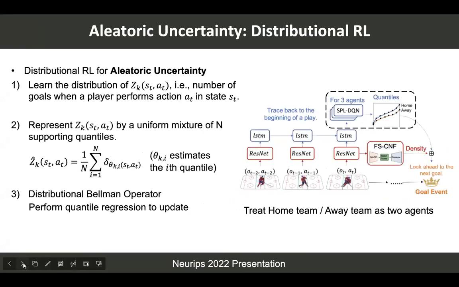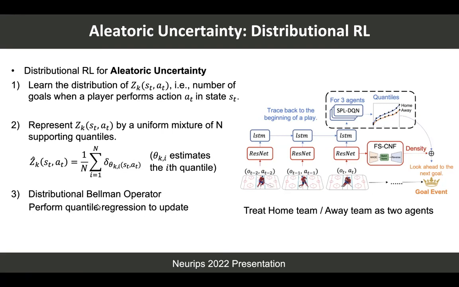Then it comes to our system flow to capture this aleatoric uncertainty. First, we try to learn the full value distribution for each state action pair which the players have taken in our data set. Following previous work, this value distribution is represented as a mixture of Diracs.